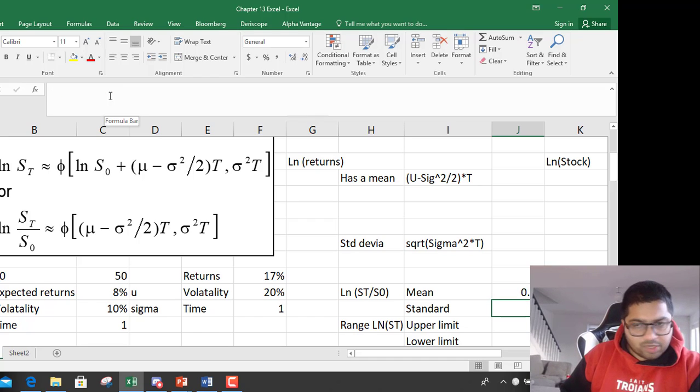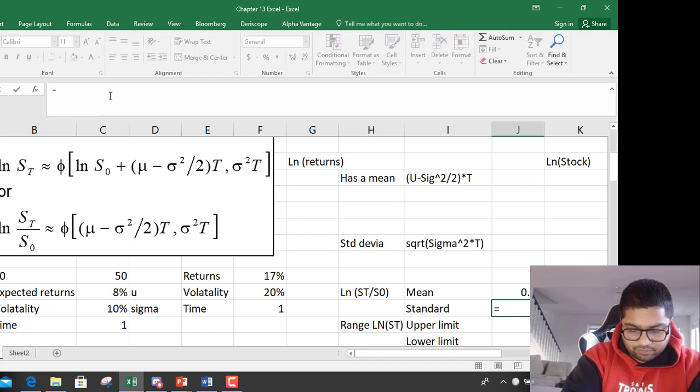So it's 0.15. Standard deviation will be square root of sigma squared, so 20% squared, times T.